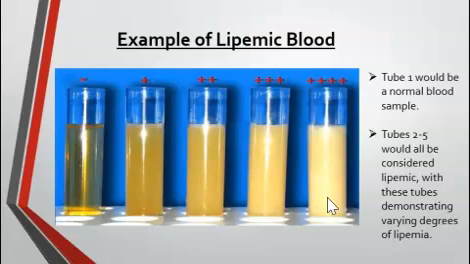And sometimes you can have a sample that looks more pinkish in color, so it looks more like strawberry milk or a strawberry milkshake. Again, all three of these situations can cause negative or erroneous effects in your test results, whether it's the sample being hemolyzed, the sample being icteric, or the sample being lipemic.